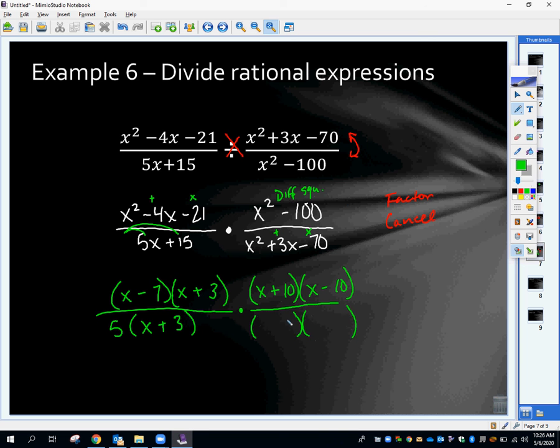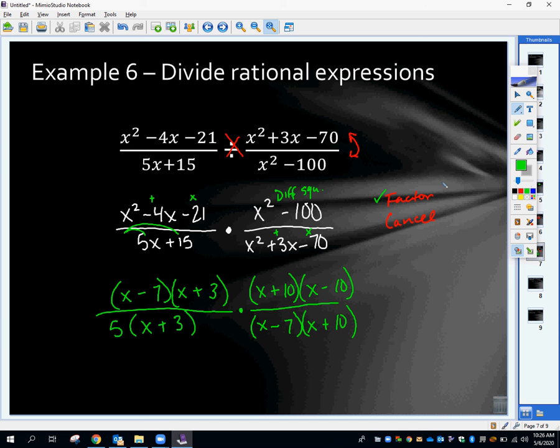Well, numbers that multiply to 70 are 10 and 7. And we need to decide which one's going to be negative and which one's going to be positive. So we want a positive 10 and a negative 7 to put us at positive 3.